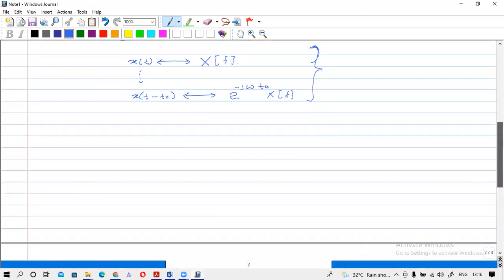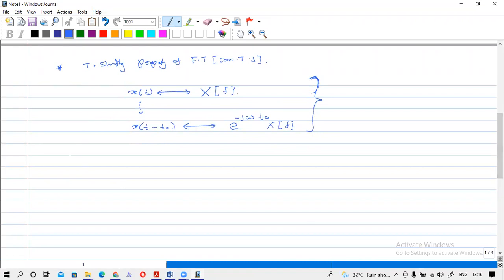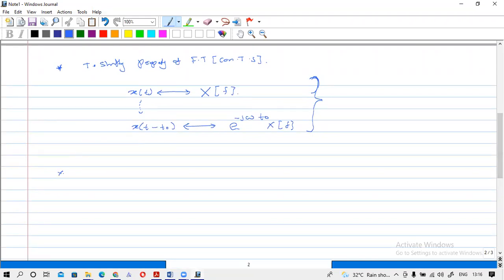The next thing I want to remind you of is the LTI system, linear time invariant system. If we are given input signal x(t), we will have the output y(t). Say the impulse response of this linear time invariant system is h(t).